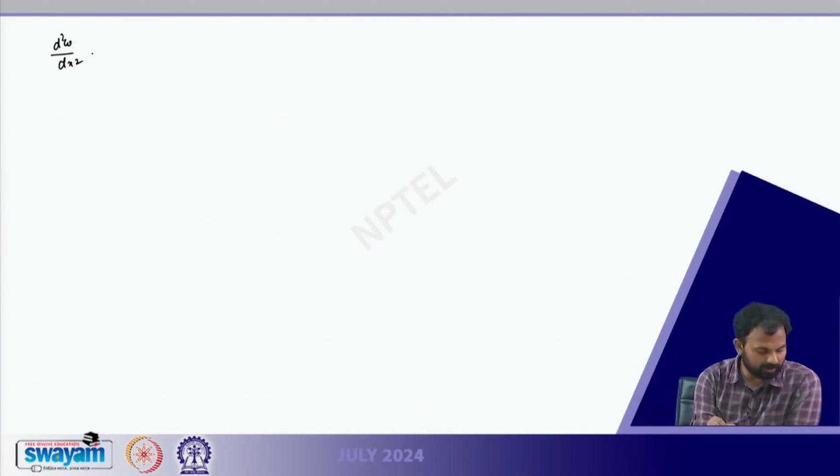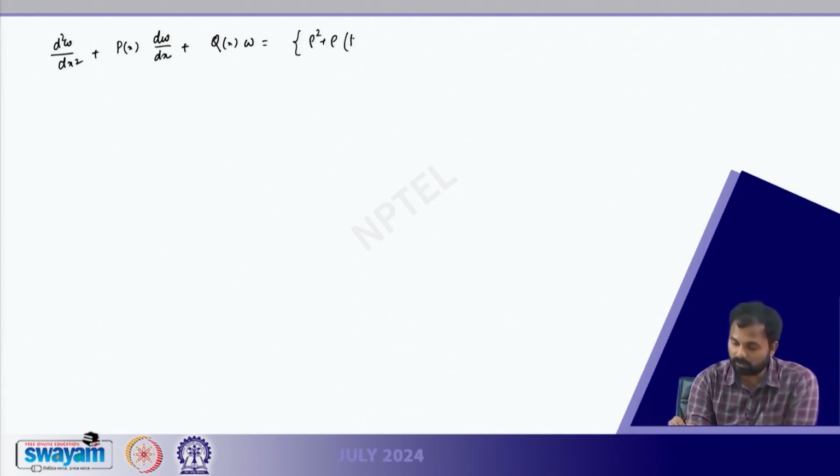So, d square w by dx square plus capital Px into dw by dx plus capital Qx into w equals rho square plus rho into P0 minus 1 plus Q0 into x to the power rho minus 2, which is basically rho minus rho 1 whole square x to the power rho minus 2, because rho 1 equals rho 2.